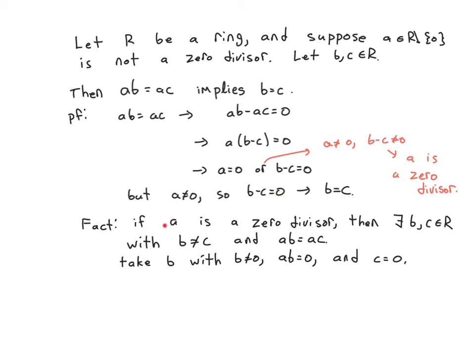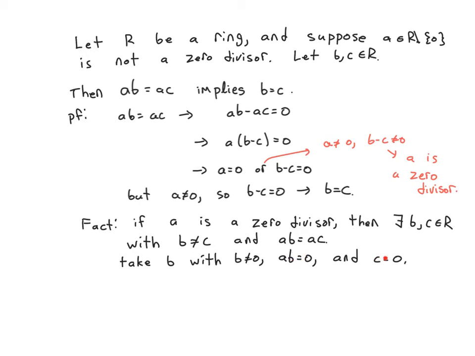In fact, if a is a zero divisor, then the opposite ends up being true. You can find a b and a c with b not equal to c and ab equals ac. The most obvious choice is to take b to be something such that a times b is equal to 0. Since a is a zero divisor, this should be possible.